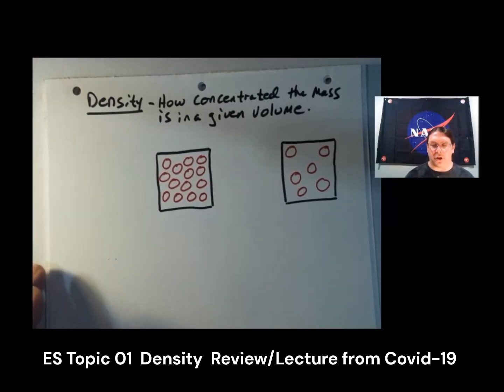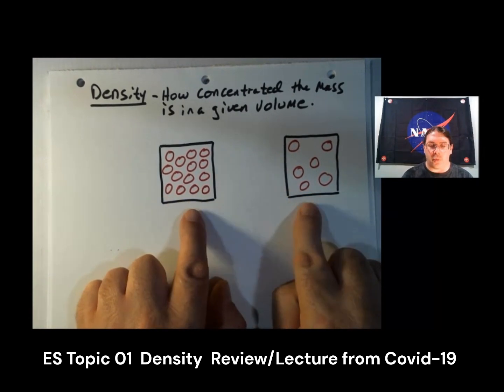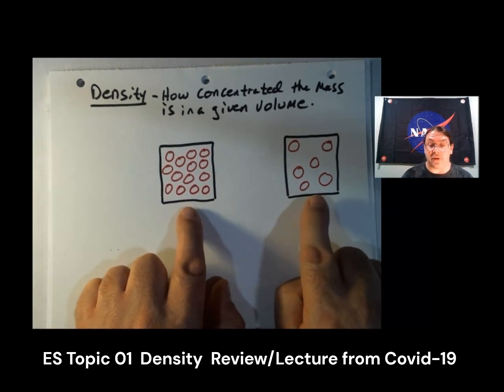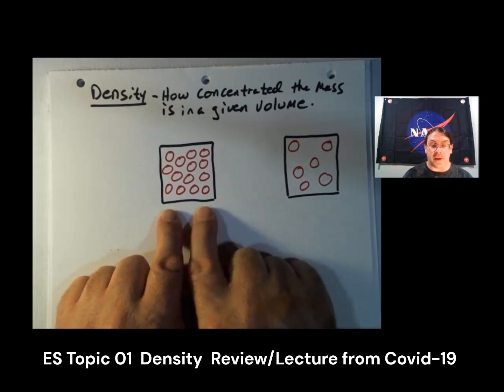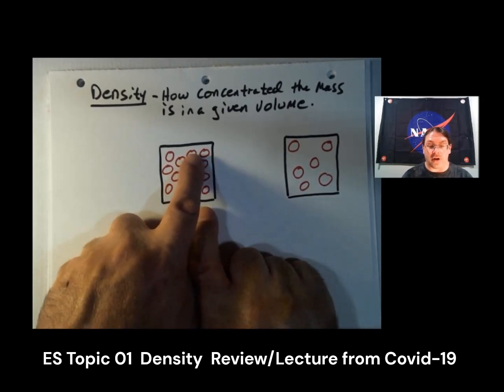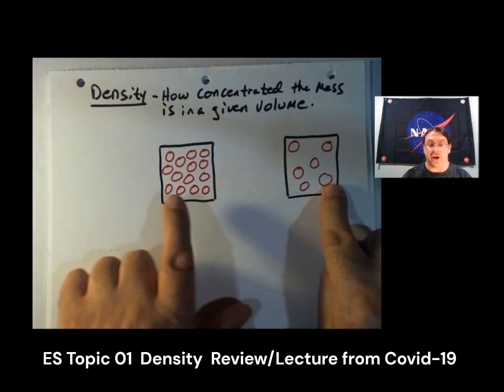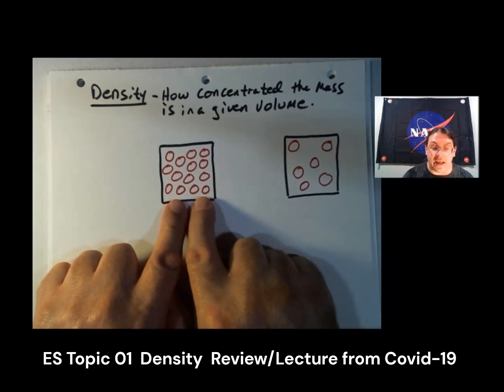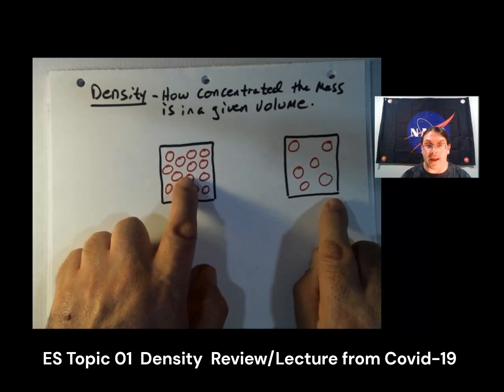So just as a little recap here, I have two samples with the same volume. Two different samples, but the volumes are the same. This sample is showing that the atoms are tightly compacted. This sample shows that the atoms are loosely compacted. So the density of this object is going to be higher than this object because the atoms here are more compact, it's got more mass, and so on.